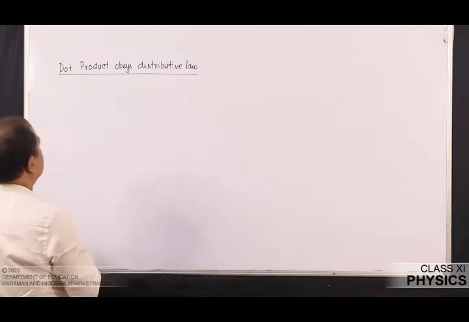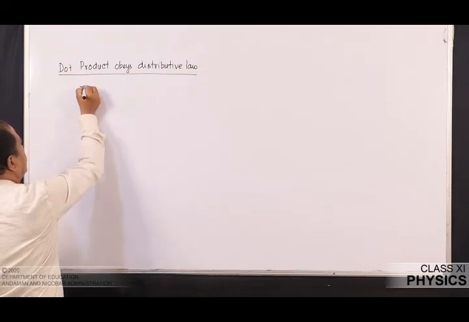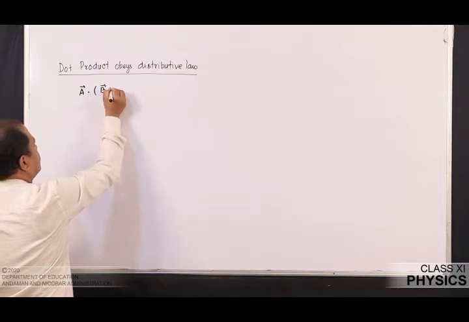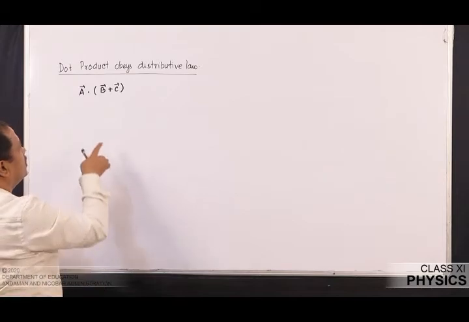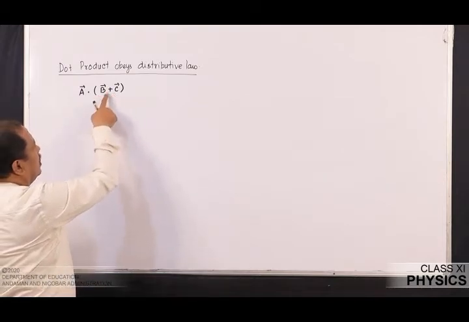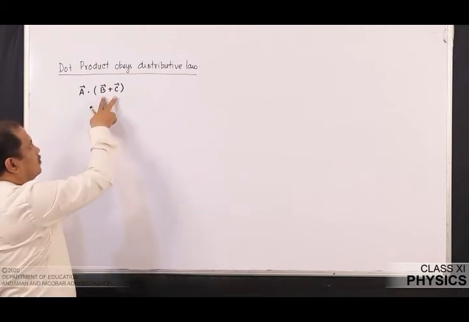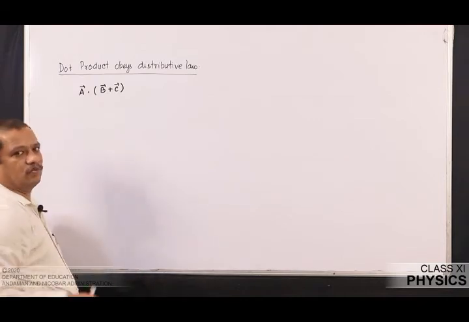It means that if I have the dot product A dot, let me say, vector B plus C. By looking at this expression, vector B and C are to be added first, then I will find the result of the sum dot product with A. This is what we mean.